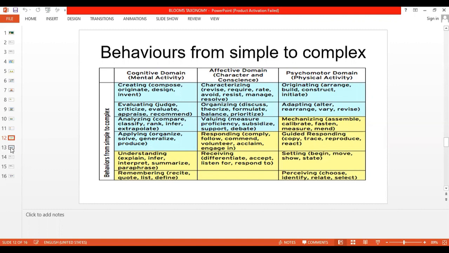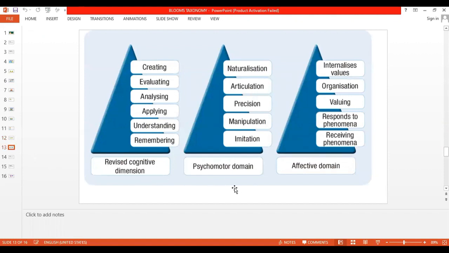Having an organized set of objectives helps the teachers to plan and deliver appropriate instruction, design valid assessment tasks and strategies, and ensure that the instruction and the assessments are aligned with the objectives.